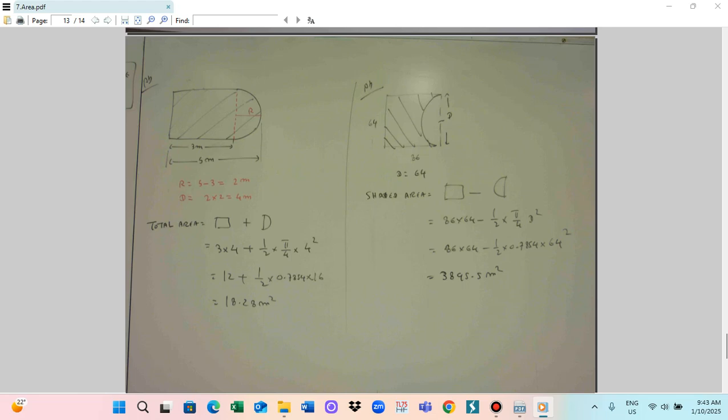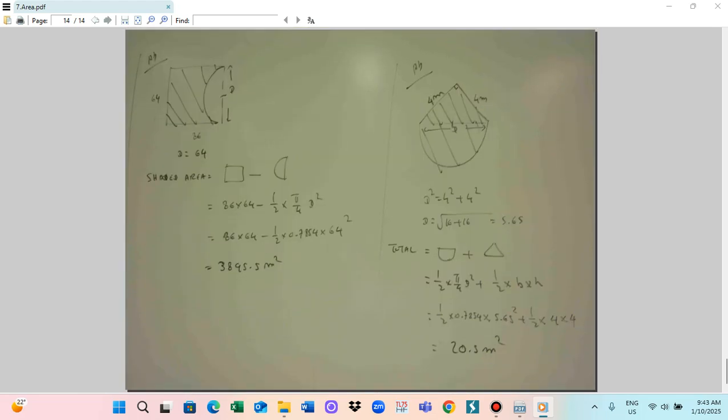So that will be 86 multiplied by 64 minus 0.5 multiplied by 0.7854 multiplied by 64 square. That will be 3895.5 meter square. So this one we call the shaded area.